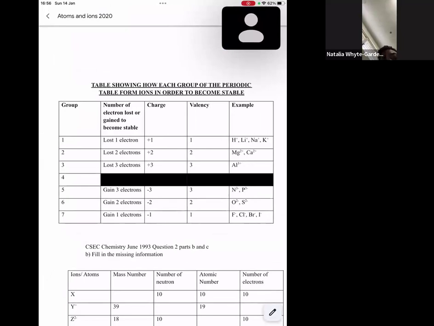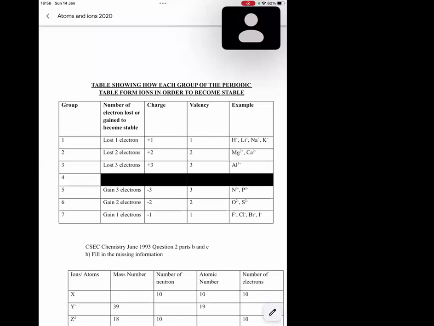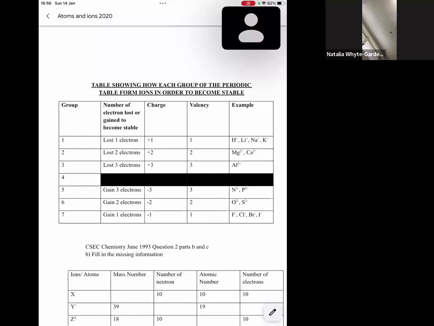Elements in group 1, they lose. So there's a new term here that we have not discussed, and the term is valency. Valency is the number of electrons actually lost or gained. So let's go.